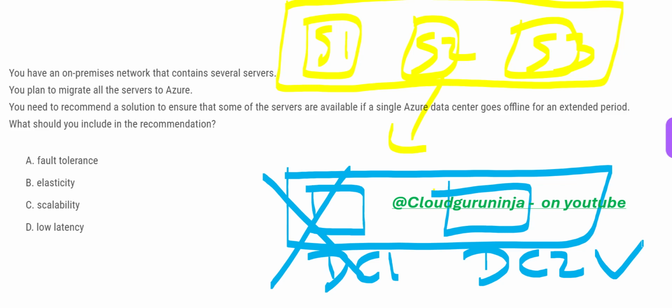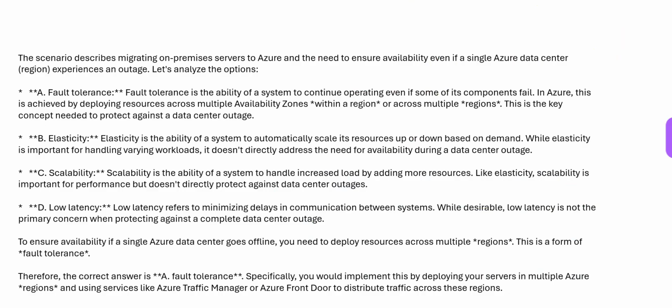So, elasticity. What is elasticity? Elasticity is that you can scale up when the load increases. This example is not a problem of elasticity. It is not a problem of scalability. So this is a problem of fault tolerance.